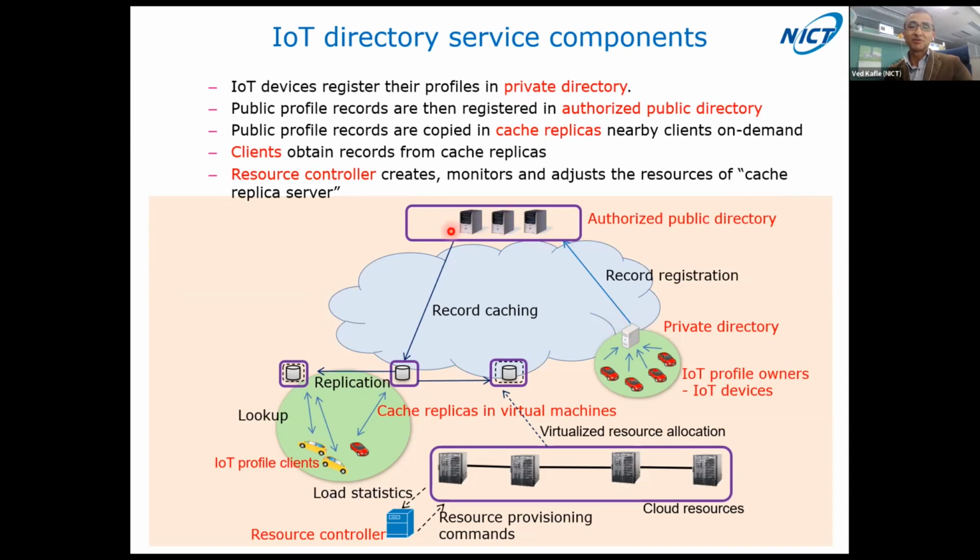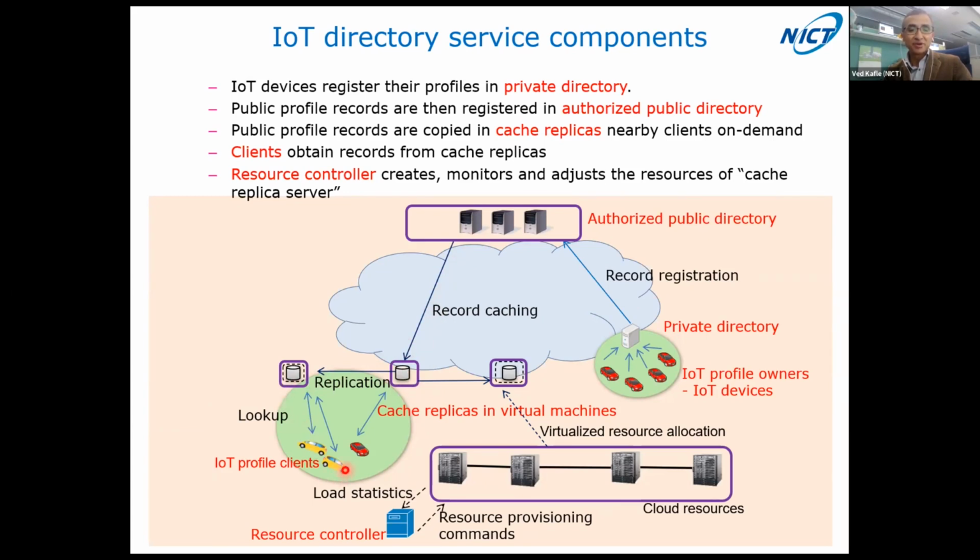From the authorized public directory system, the other directory service clients, which we call cache servers in our generic language, can download the records from the public directory service and store the records near the clients.